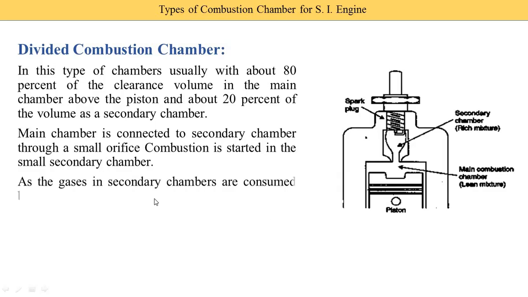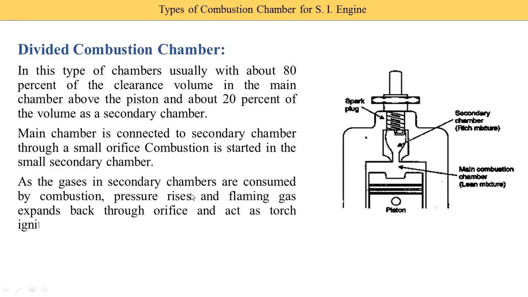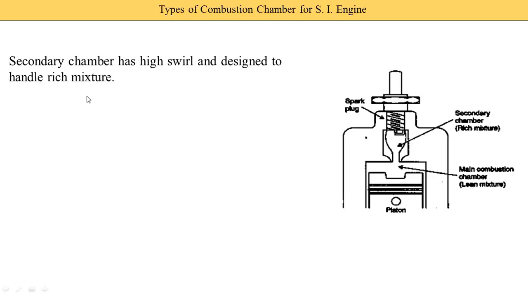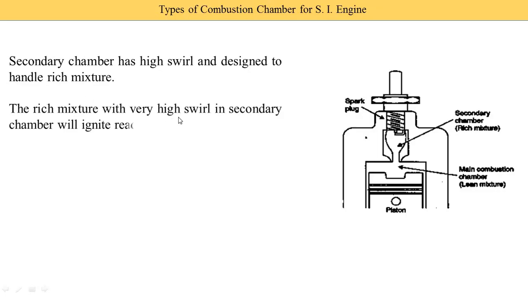As the gases in the secondary chamber are consumed by combustion, pressure rises and the flaming gas expands back through the orifice and acts as a torch ignition for the main chamber. The secondary chamber has high swirl and is designed to handle a rich mixture. The rich mixture with very high swirl in the secondary chamber will ignite readily and burn very quickly.